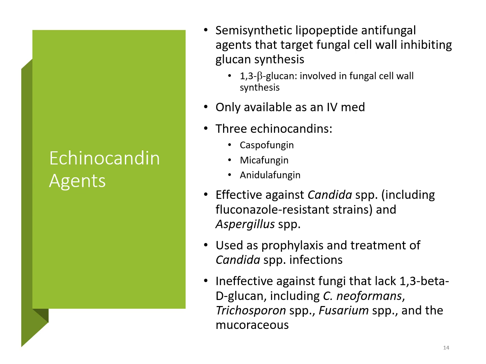Prophylactics may be a way to prevent getting a Candida infection if you think your patient is going to be susceptible for some reason. It is ineffective against fungi that lack 1,3-beta-D-glucan, which includes Cryptococcus, Trichosporon, and Fusarium.